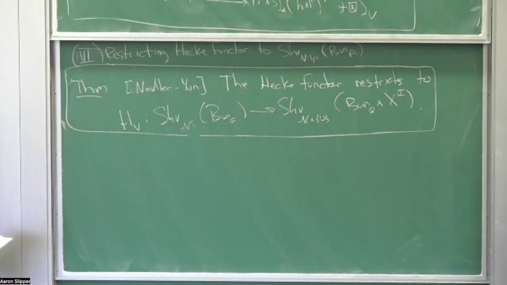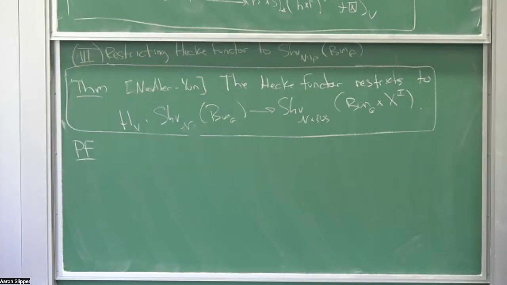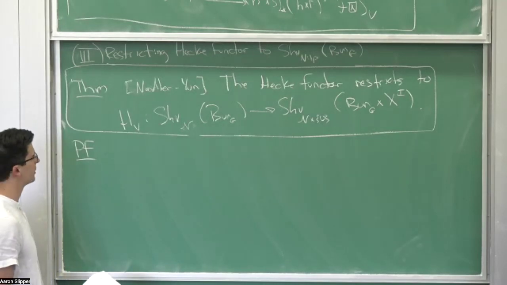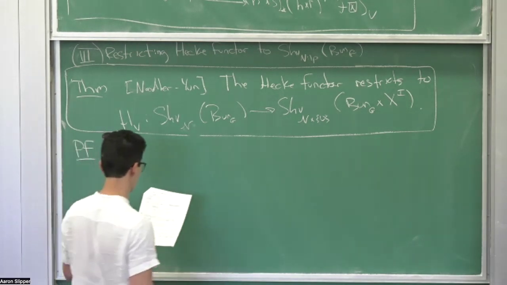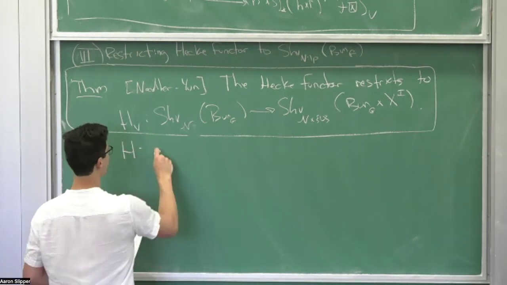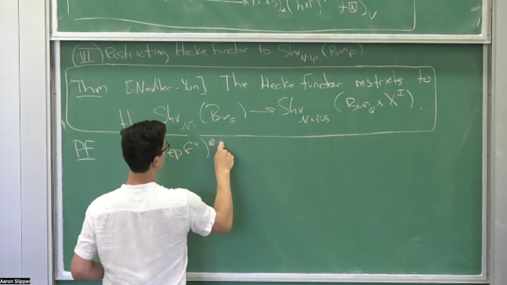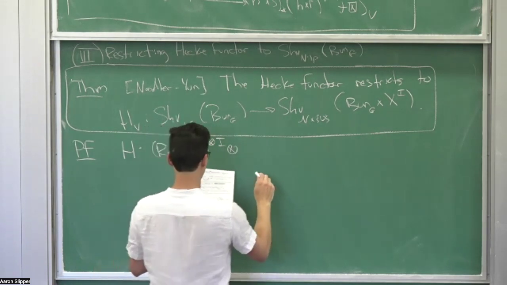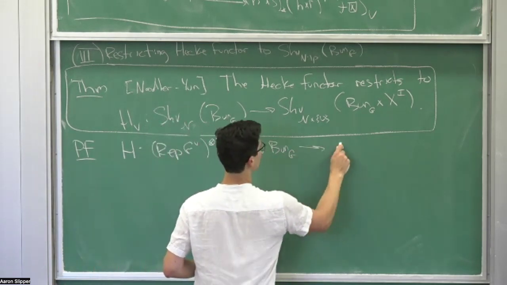All right, so let's give a sketch of this proof. There are several steps. Okay, first, H is a map from G check tensor I, sheaves on BunG.